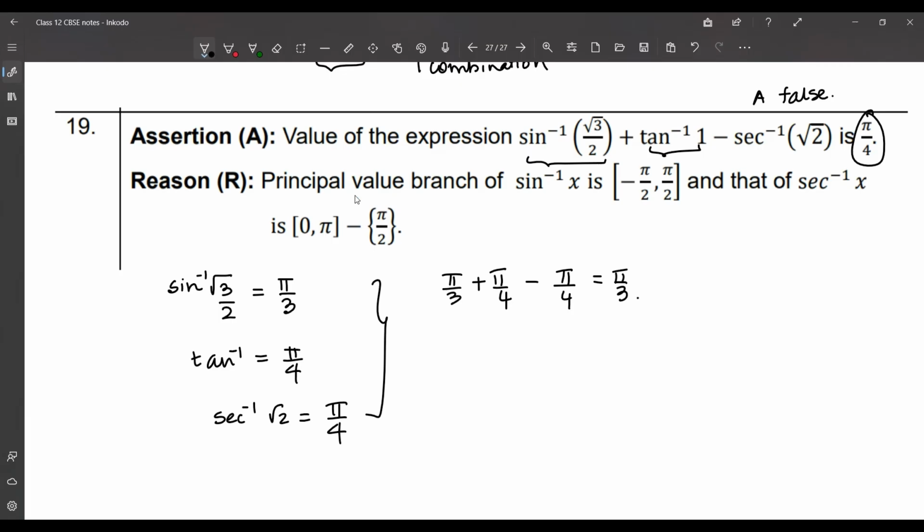The principal value branch of sine inverse of x is minus pi by 2 to plus pi by 2. That's true. That of secant inverse of x is 0 comma pi minus pi by 2. That's also true. So reason is true and assertion is false. The option that says this is option D, the correct answer.